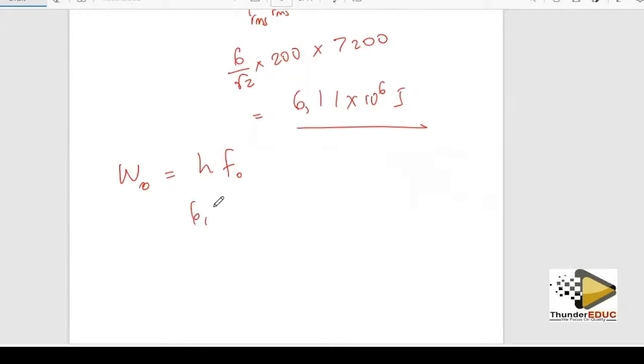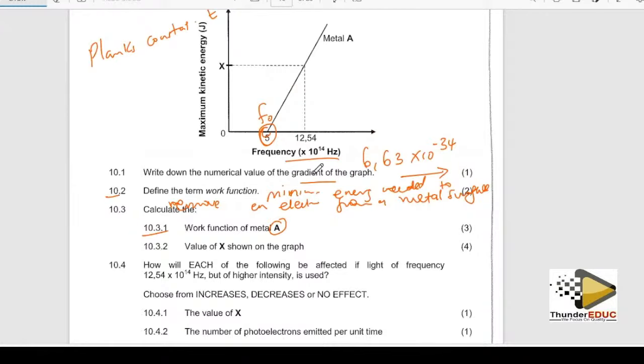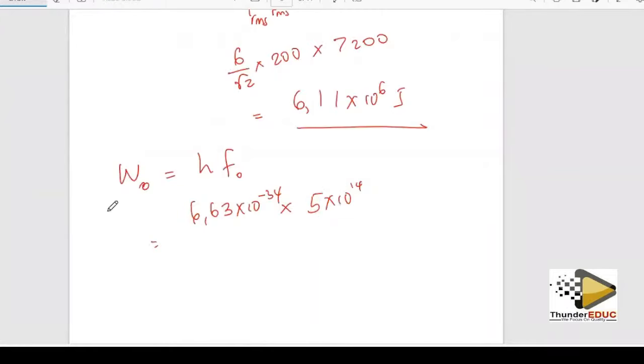Planck's constant is 6.63 times 10 to the negative 34, and we are multiplying by 5 times 10 to the 14. Let me punch this into my calculator: 6.63 times 10 to the negative 34, multiplied by 5 times 10 to the 14.